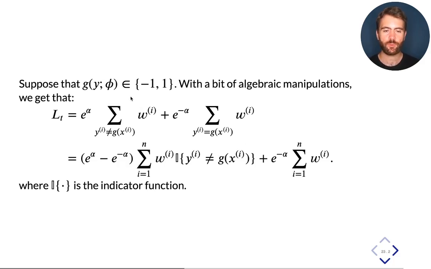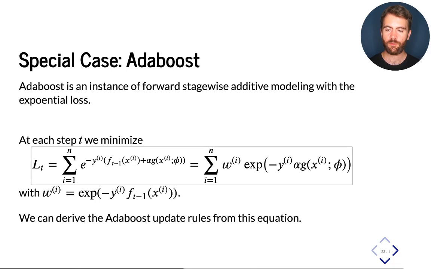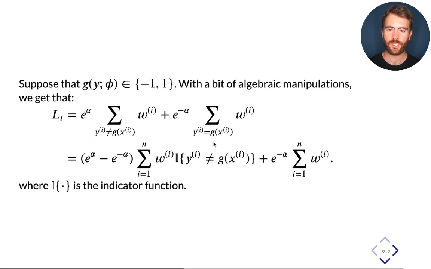So suppose that our prediction is in this set, which is a set of labels. Then we can take the previous expression and do a few algebraic manipulations, because this is either -1 or 1, and because the true class is -1 or 1, everything really simplifies here. Essentially we have two cases.